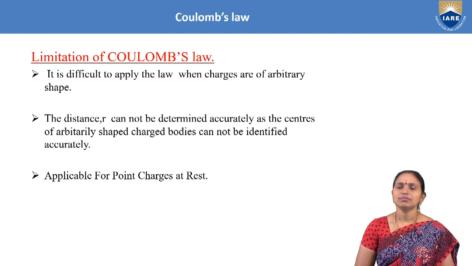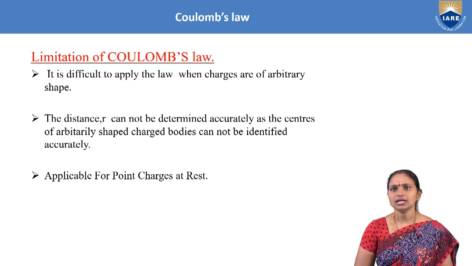If you go through the limitations of Coulomb's law, it is applicable for point charges which are at rest. That we can take as one of the limitations. Next, we cannot apply Coulomb's law when the charges are of arbitrary shape.